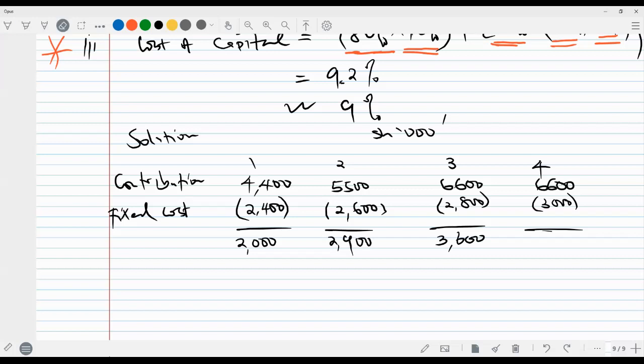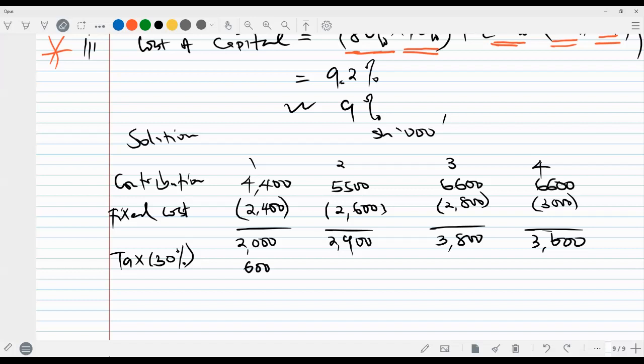Year 3, 3.8. Year 4 is okay also. Then you pay tax at 30%. You pay tax at 30% of 2 million to give us 600,000.